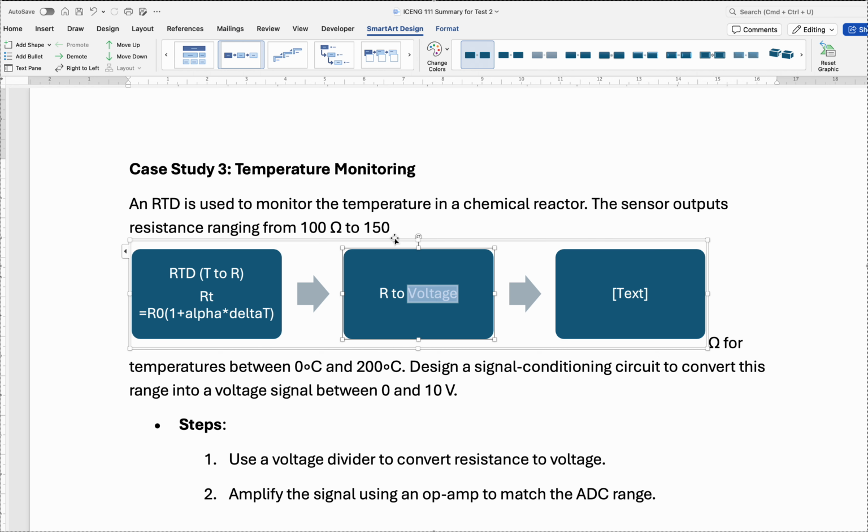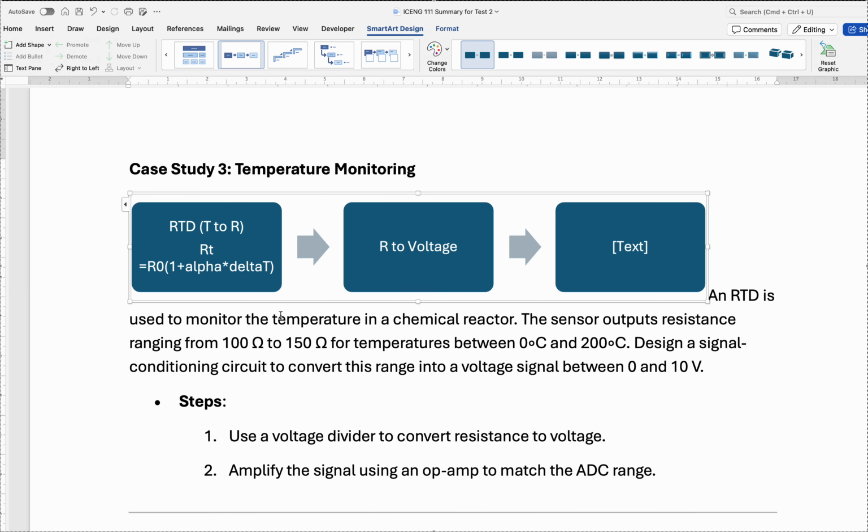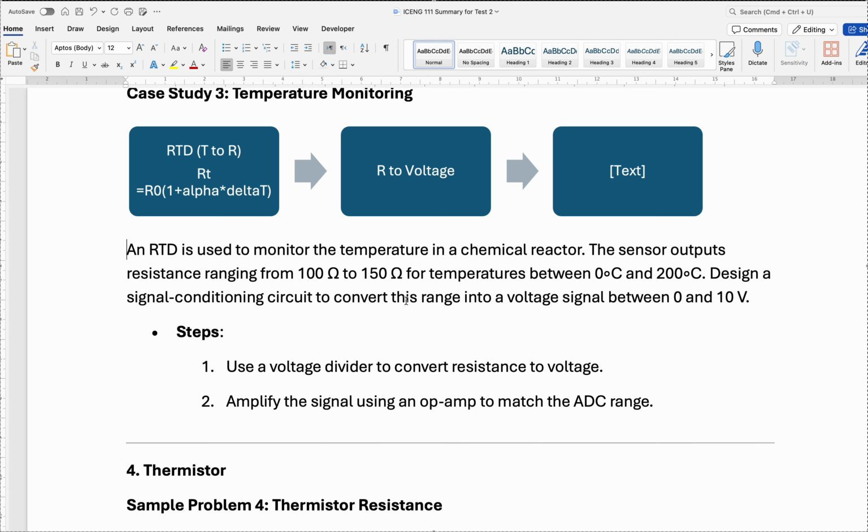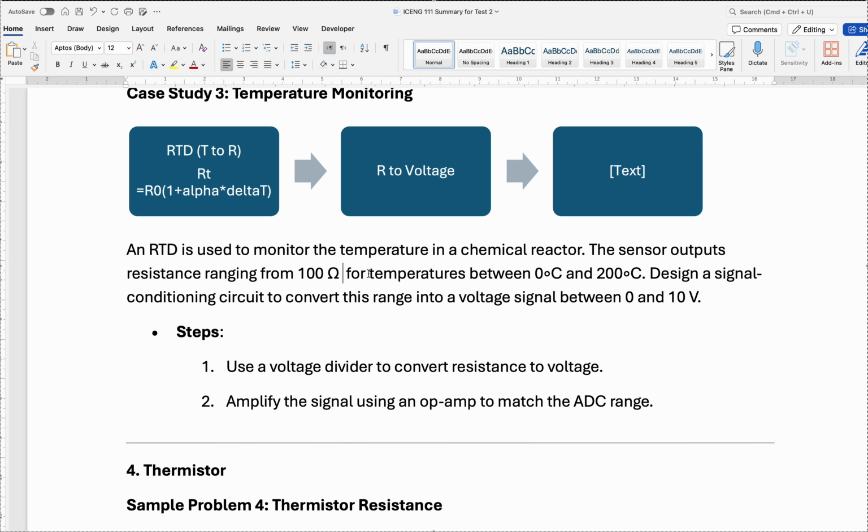Which means in this case, I can just explain it again. So for the RTD, I can calculate the final resistance. In this case I already gave you the final resistance, but I can calculate it. So I have R1 and R2, which are ready.